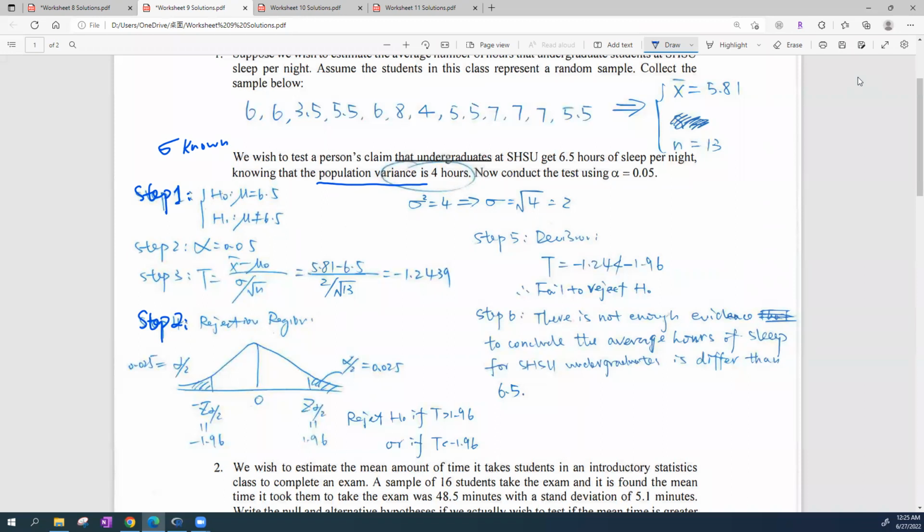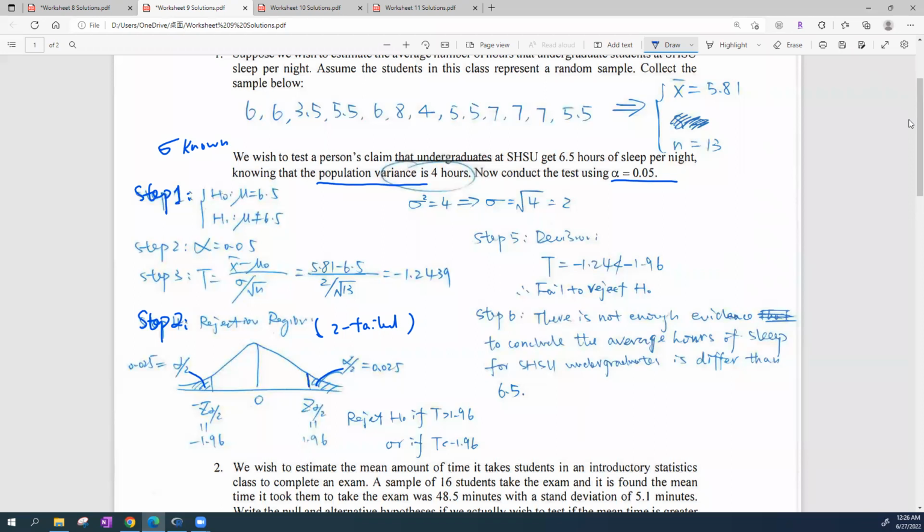So does not equal means two-tailed test. So we have rejection region on both tails, and alpha equals 0.05 divided by 2. So because it's symmetric, we have 0.025 for the lower and upper shaded area.